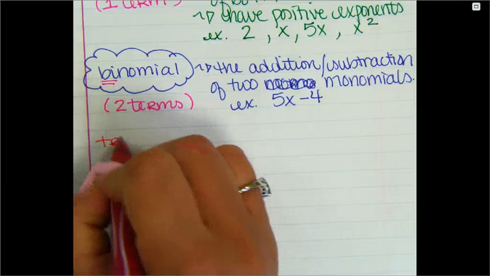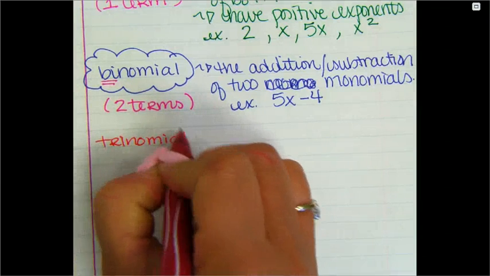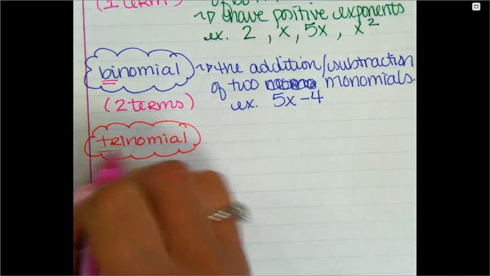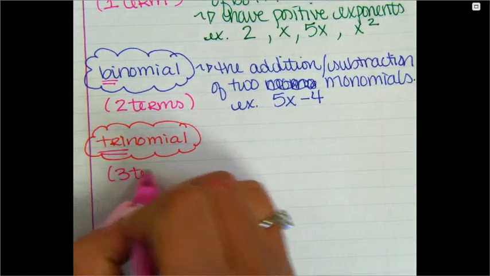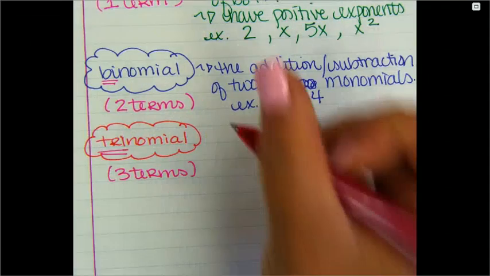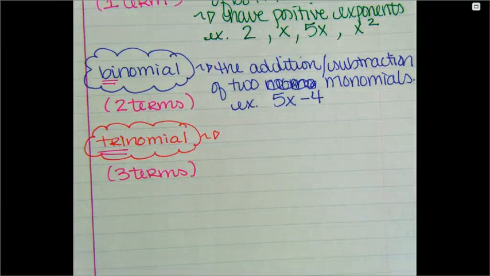Next is a trinomial. Yes, there is 3 terms. Hence the word tri. Like a tricycle. Because a tricycle has how many wheels? 3.